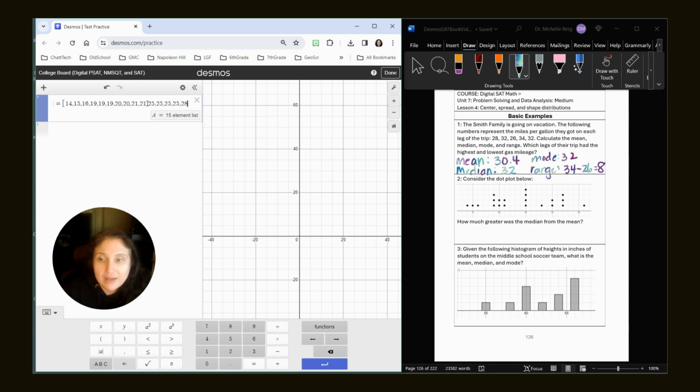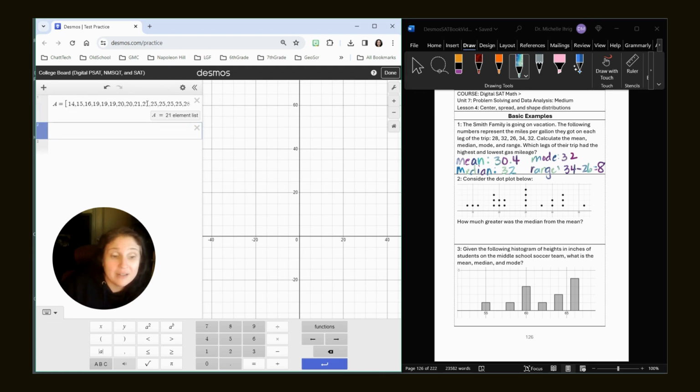We have 1 dot at 28. We have 2 dots at 30, so we'll write 30 twice. Nothing at 31. We have 3 dots at 32, so we'll write 32 3 times. And we have 1 dot at 36. Then we close our bracket.